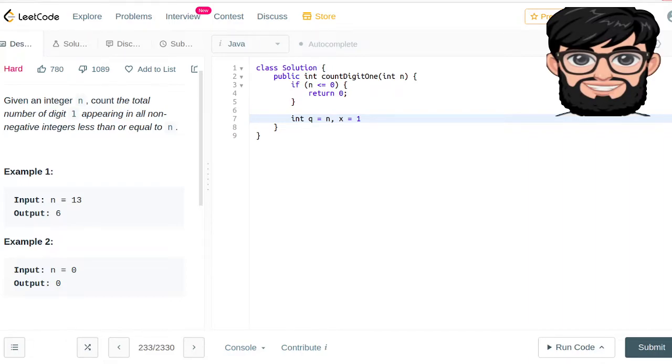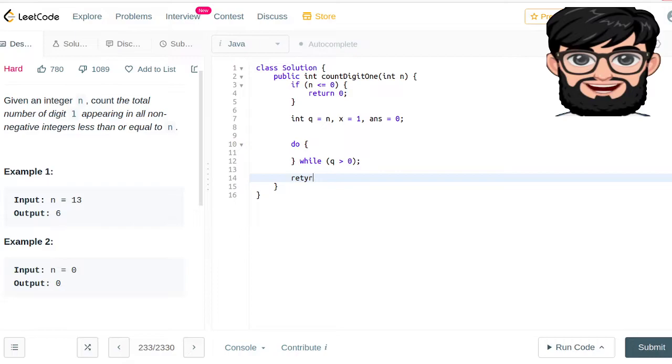This is gonna get multiplied by 10, and then the answer, which we're gonna initialize to 0. We're gonna keep doing it while our q, which we initialized to n, is still greater than 0, and in the end we're gonna be returning the answer.